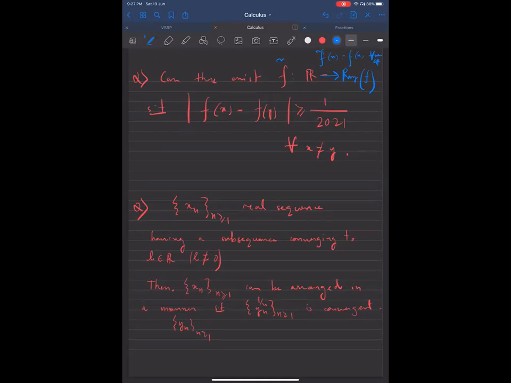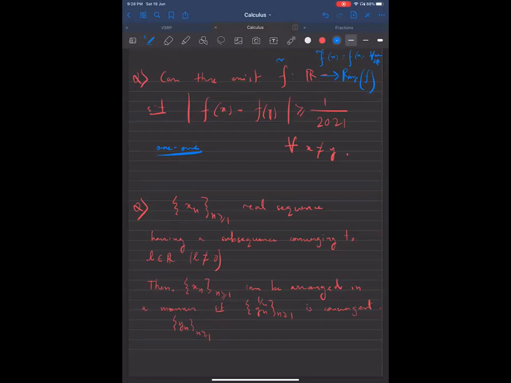Now we have a function which, firstly, is 1-1, right? Why is it 1-1? Anyone? If there exist some x1 and x2 such that they are not equal but f(x1) equals f(x2), then this modulus will become 0.